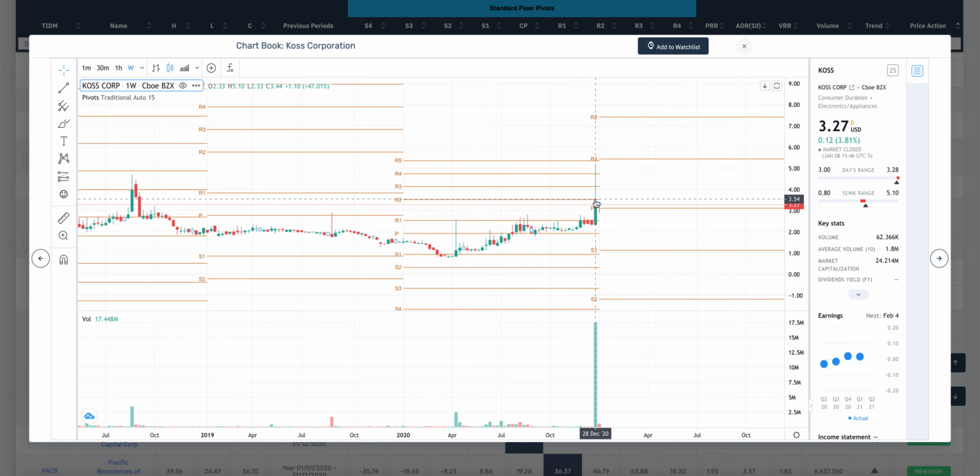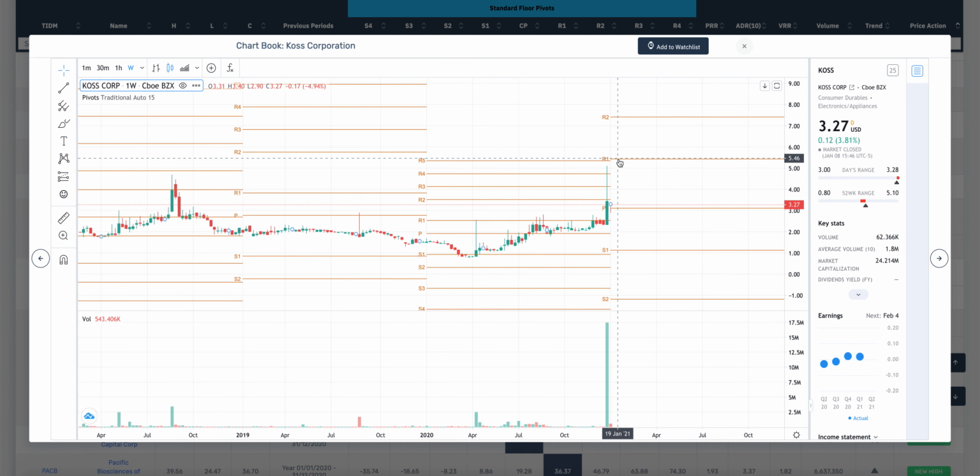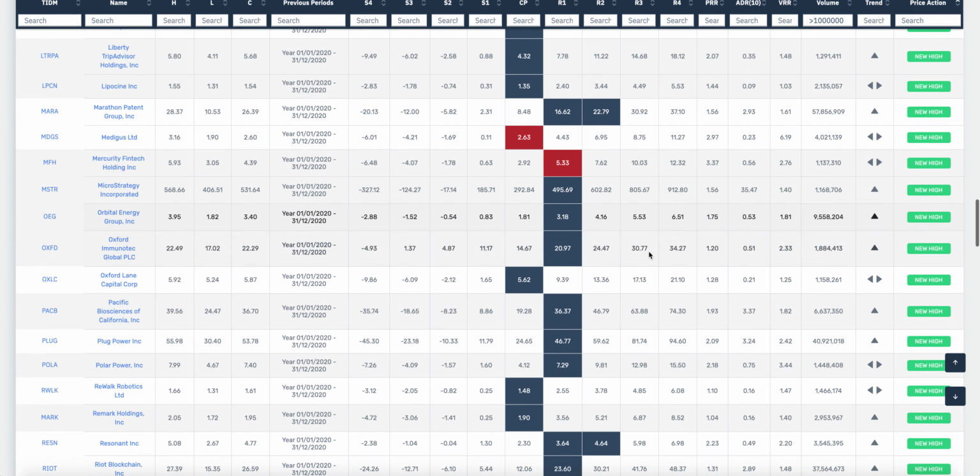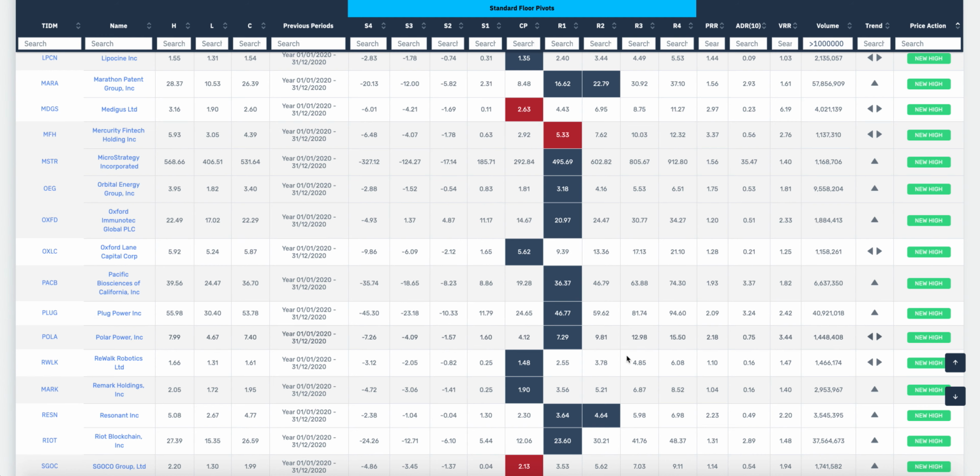We get above that and hold, we can reasonably expect to target the previous year high at $5, potentially $5.40, taking us to the first yearly pivot up above at R1. So that's Cross Corporation. So I'll add that to the watch list. That's 3. As you can see, there's more candidates that we'll potentially look at, but we'll stop there.